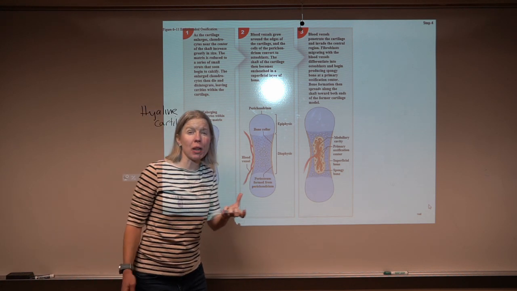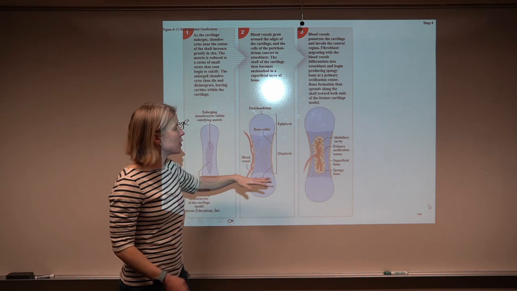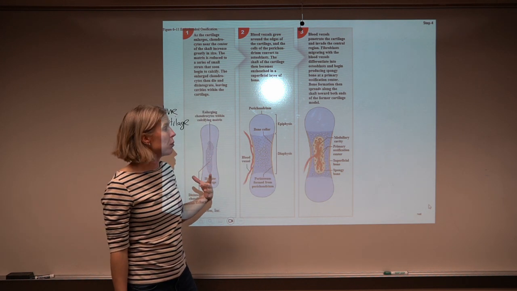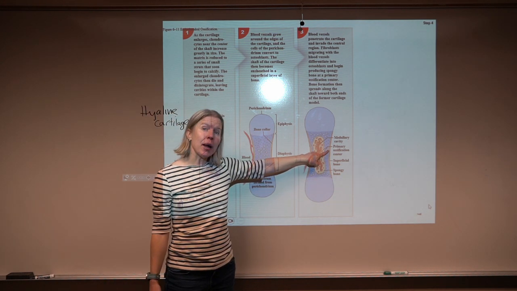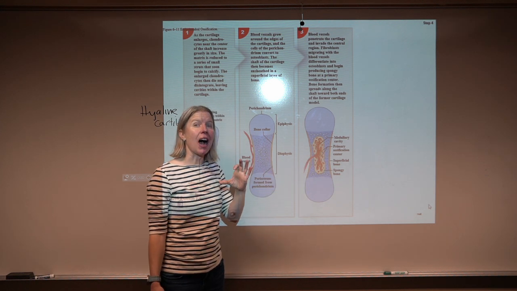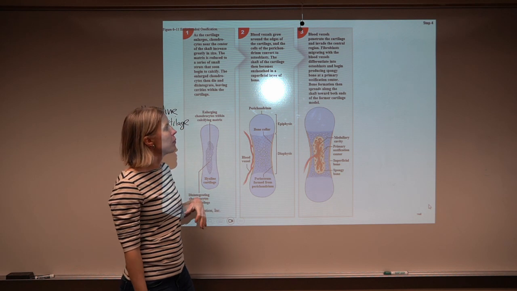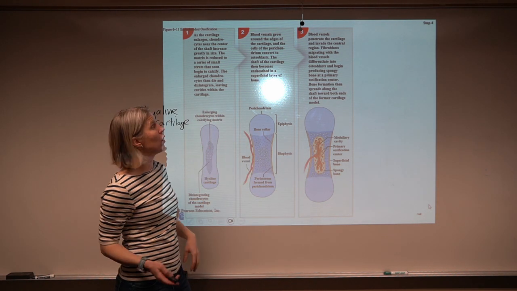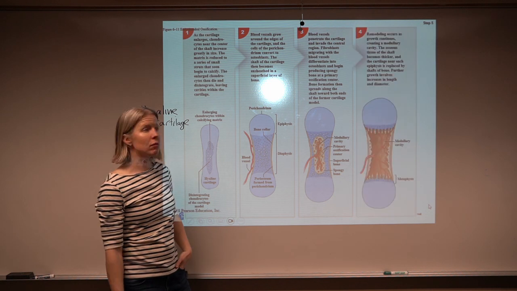Again, with the blood supply, we bring these cells, and so we have more osteoblasts moving in and building bone. We call this the primary ossification center, right? The first ossification center.